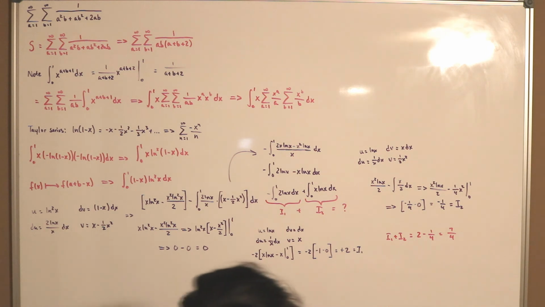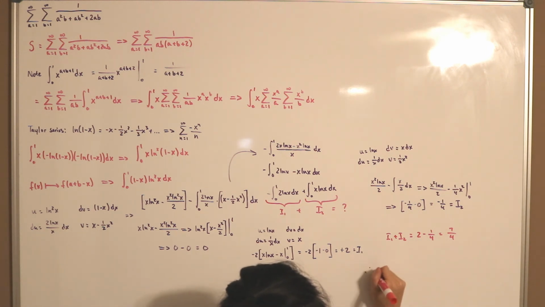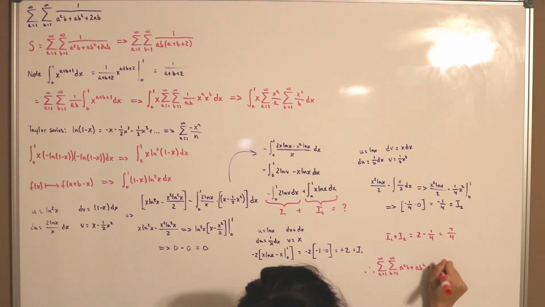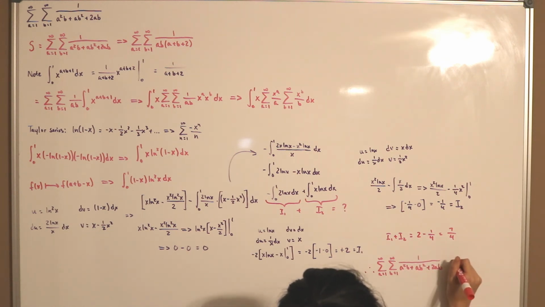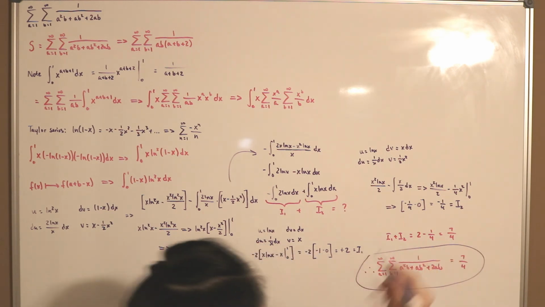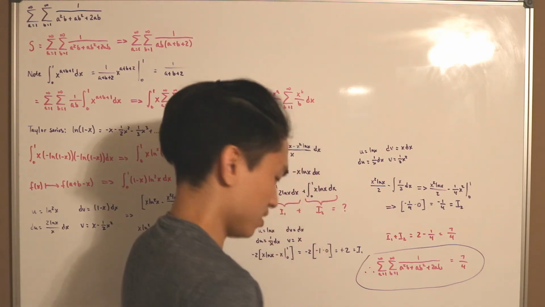Therefore, the double sum, a equals 1 to infinity, b equals 1 to infinity, of 1 divided by a squared b plus ab squared plus 2ab, that's equal to 7/4, like so. All right, pretty sweet, right? Double sums are awesome.